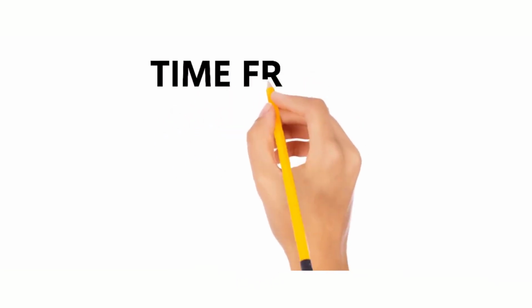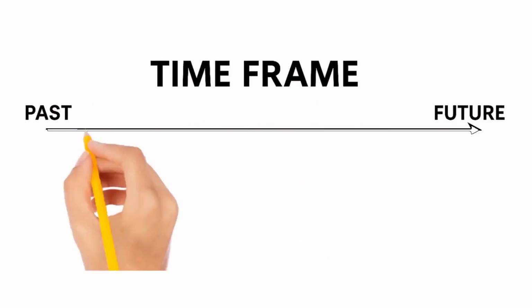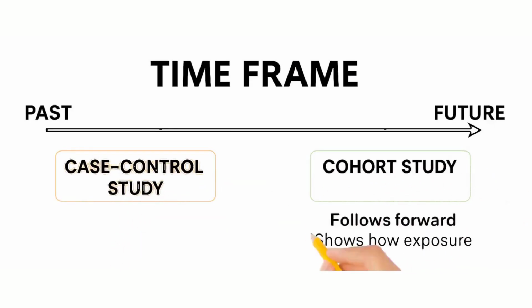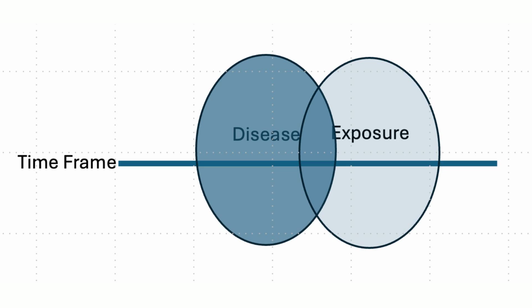Because time frame is built into case control and cohort designs, these studies are especially powerful for figuring out whether an exposure is truly associated with an outcome, so association can be measured. While in cross-sectional studies, exposure and disease are measured at the same time, limited in proving cause and effect since the sequence of events cannot be established.